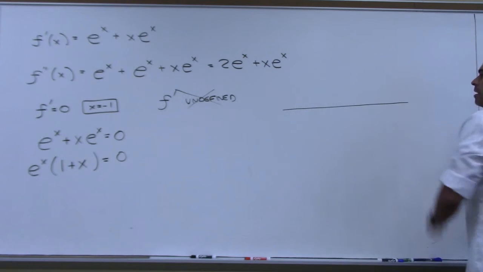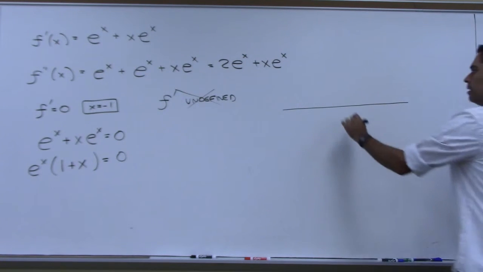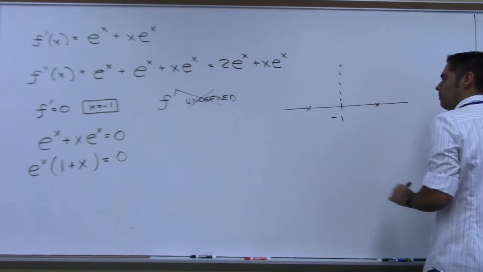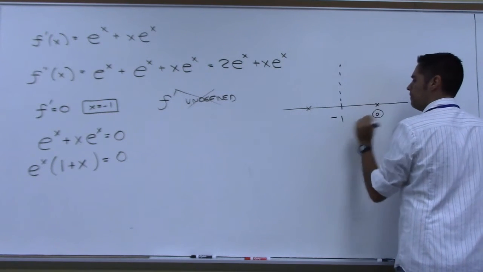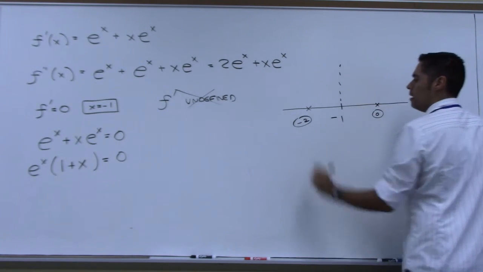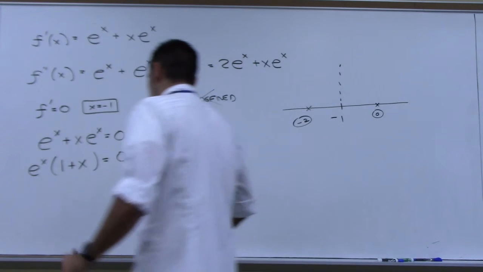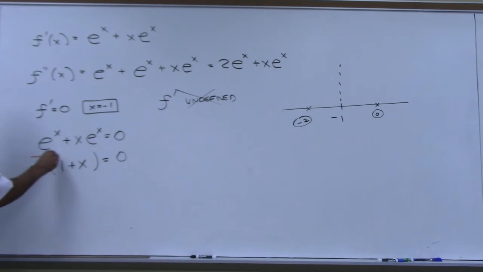What number am I going to put on that number line? Negative 1. Oh, good. I'm only going to have to test 2 points. 0. Okay, I like that. Negative 2. Plugging those into the derivative. I actually think we should plug it into this one. I like this version of the derivative that was factored. It's easier for me to tell what's going to happen here.